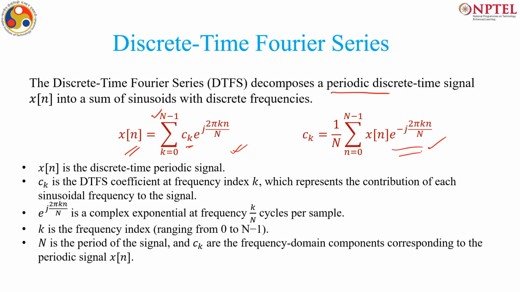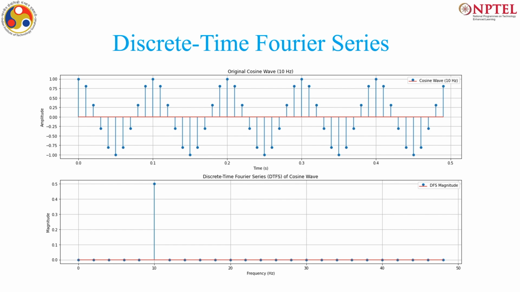Now, this complex exponential was introduced earlier in the time domain topic. If you see this signal, this is a discrete cosine wave, which is periodic. Although you are seeing only a part of it, it varies from negative infinity to infinity.